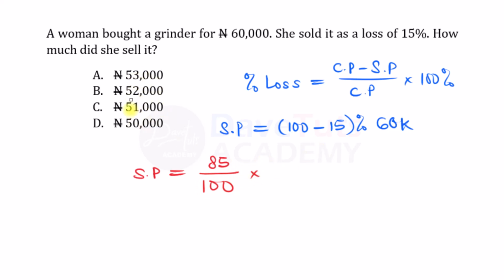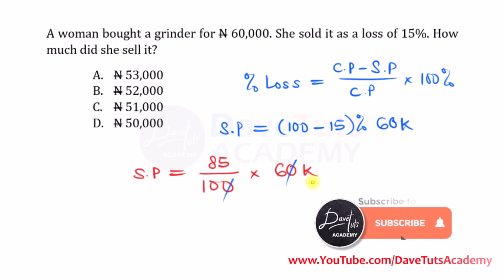Look at these options, because I'm seeing them in thousands. I don't need to be writing 60,000. I just know that whatever I'm going to get will be reflecting 60k. So this is what I need to cut now. And if I'm looking at this, I can say I cut out 10 here. Remember, k is 1,000, so it's 3 zeros, which is still coming here.